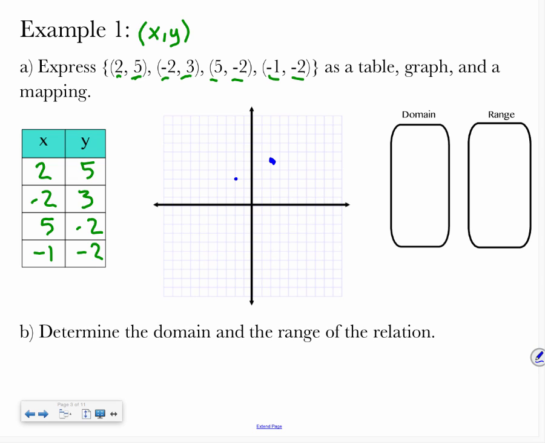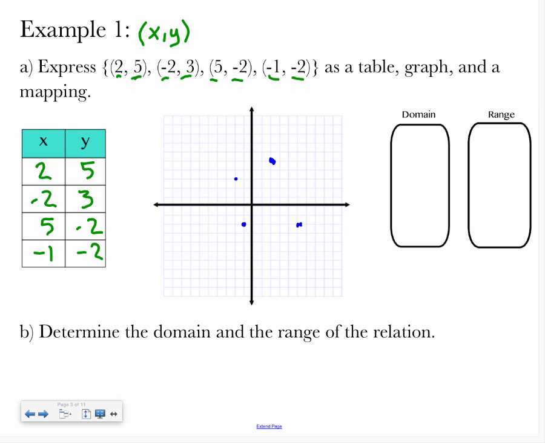Next, we have 5, -2. I'm hoping here's 5. Okay, and then -2, so I'm going to go down 2. And then we have -1, -2, -1, -2. All right, that one was actually pretty close. So that's all that I need to do for my graph. I just need to plot those points, okay?